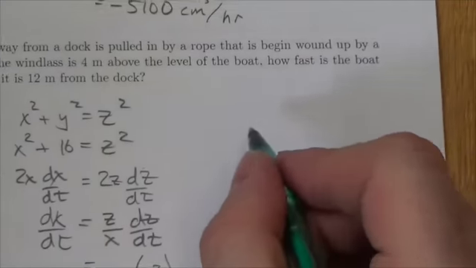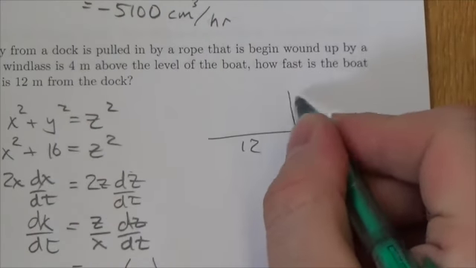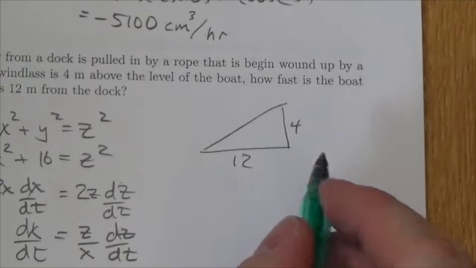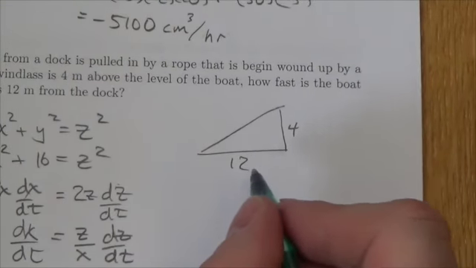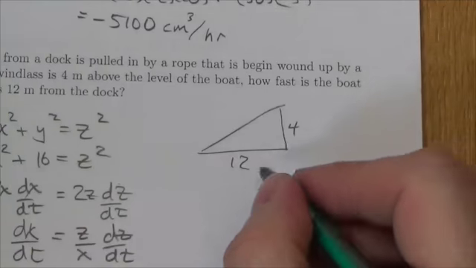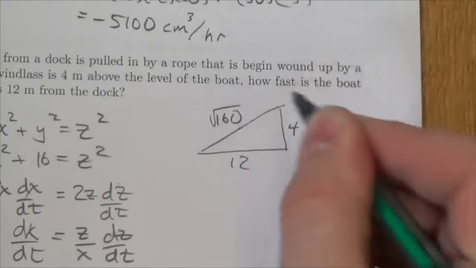But I'm given some information. I know that this is going to be 12. I know that this is always 4, so I can figure that out. That's pretty straightforward. This is simply going to be, according to the Pythagorean theorem, 12 squared plus 16, so 144 plus 16, or the square root of 160.